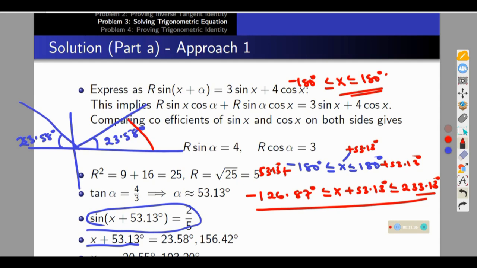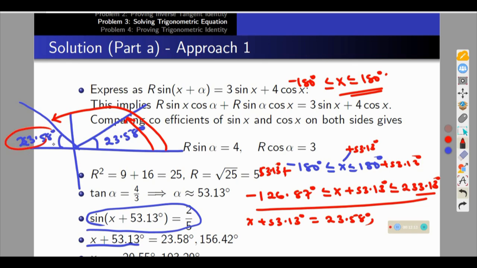So the first angle will be this. So it means your x plus 53.13 degrees will be same as the first angle, 23.58 degrees. And the next angle is from here up to this given point, which is same as 180 degrees minus 23.58 degrees.